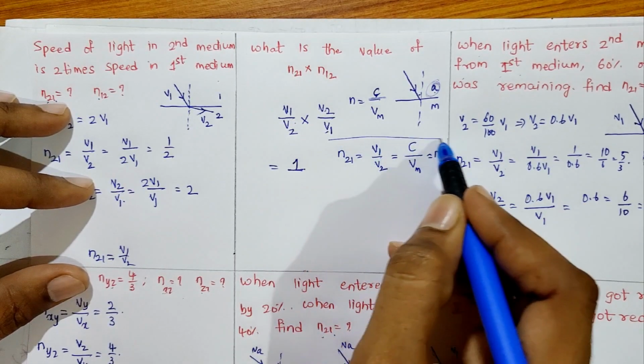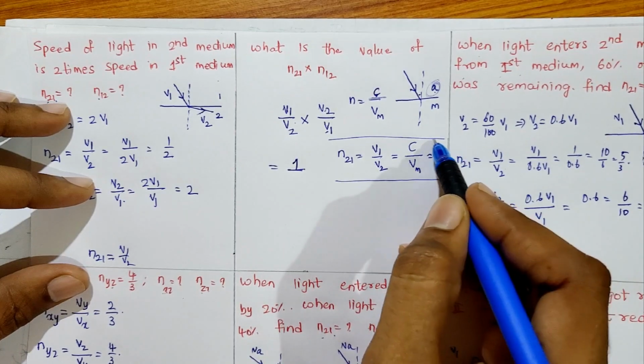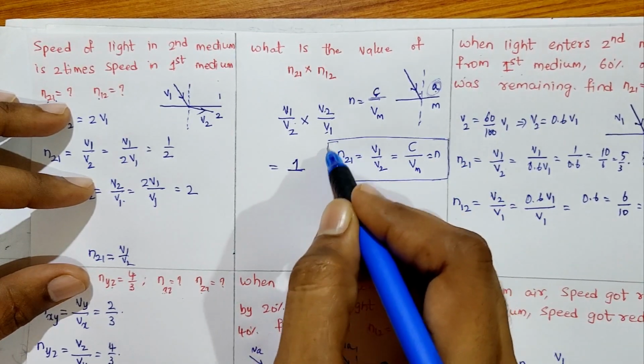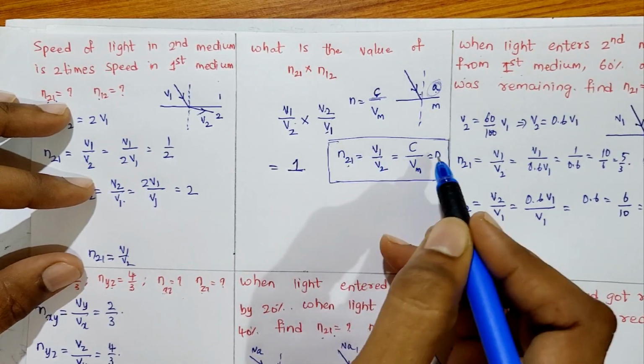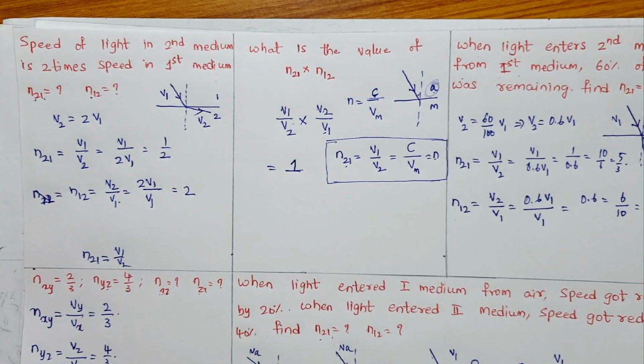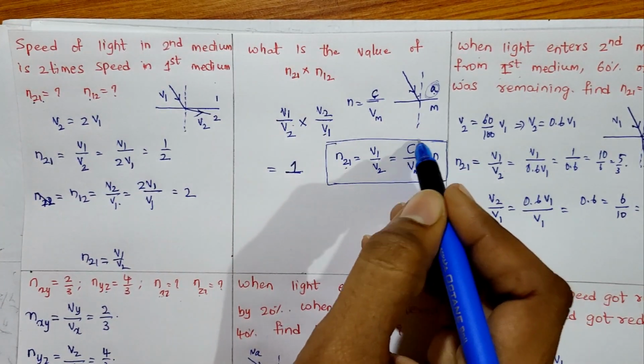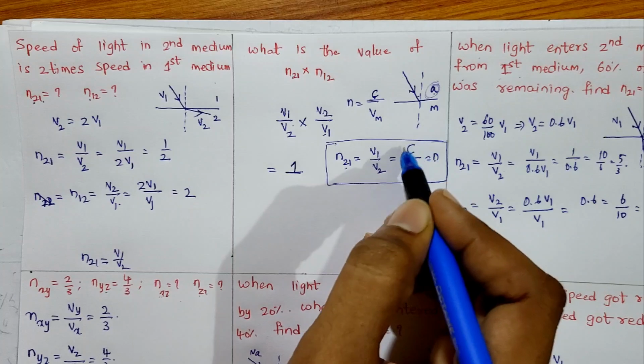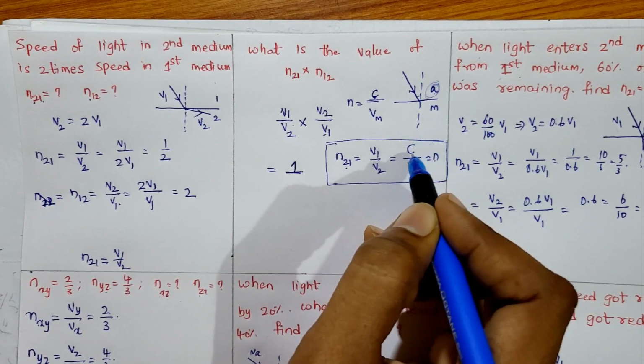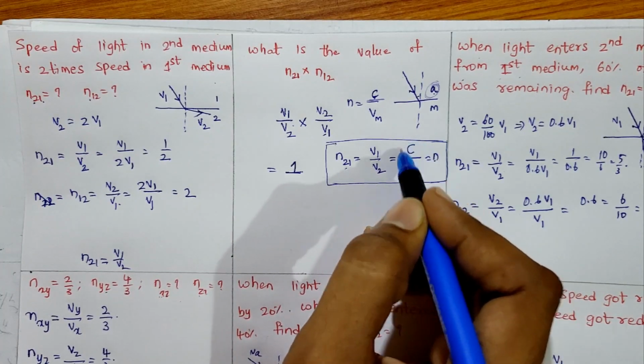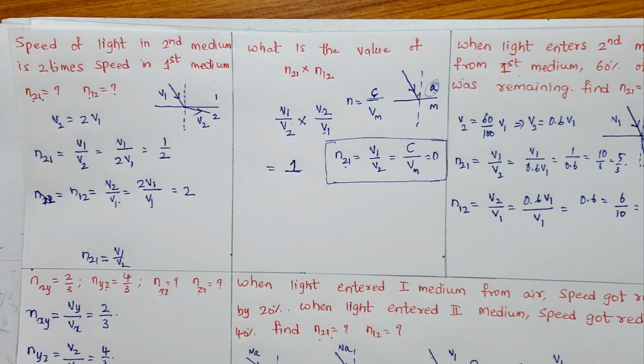Okay? This is how we can say that the refractive index of second medium with respect to first medium is same as absolute refractive index, but the first medium will be always air. So that's why we have taken speed of light in first medium as C, common for all.